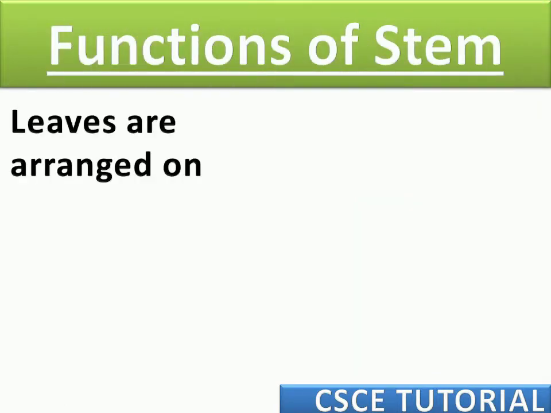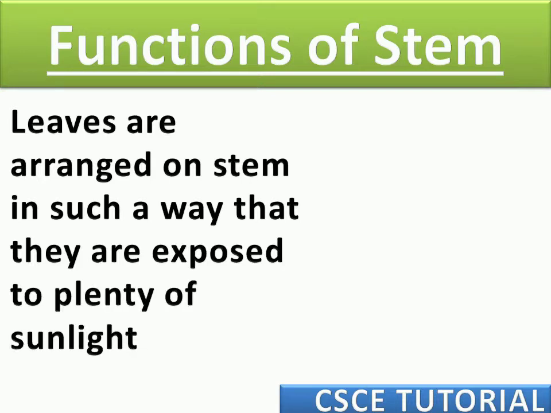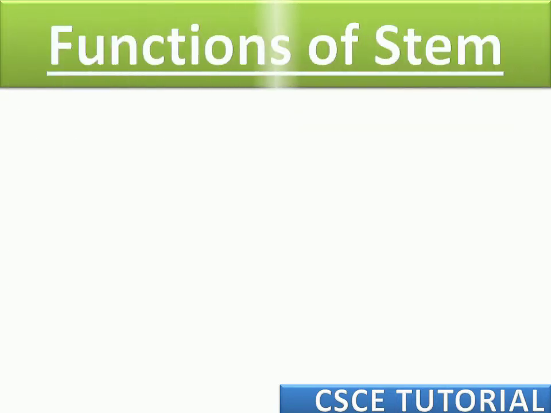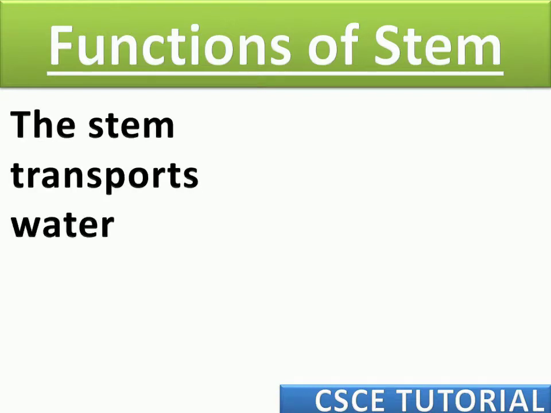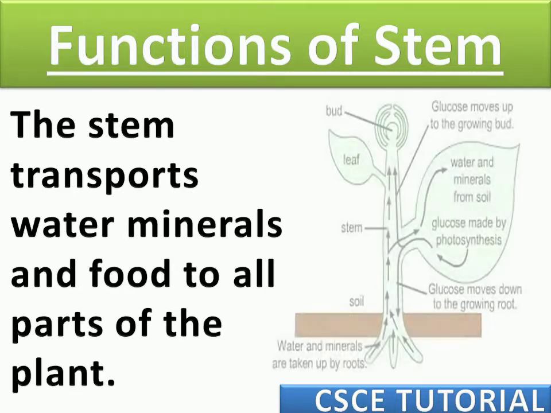Function of leaf. Leaves are arranged on the stem in such a way that they are exposed to plenty of sunlight for photosynthesis. The stem transports water, minerals, and food to all parts of the plant.